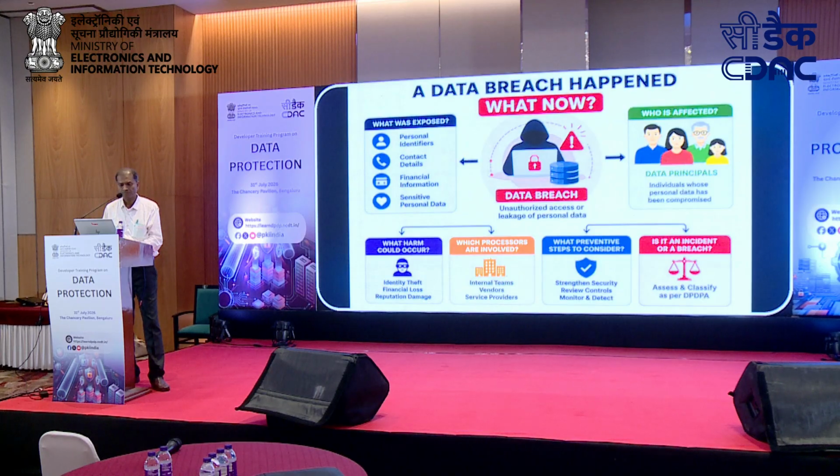And the internal processors, maybe the data processors for that particular fiduciary, will also be affected, because we don't know whether the incident came from one of them or from the fiduciary himself. So that has to be looked at. And for preventive steps, basically you need to strengthen the security, review the controls, and monitor and detect.